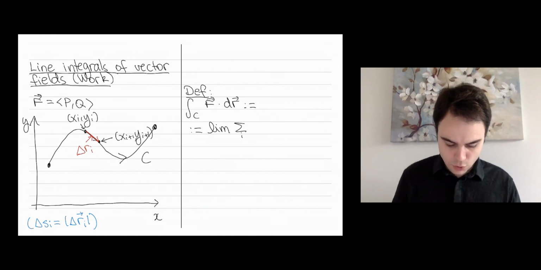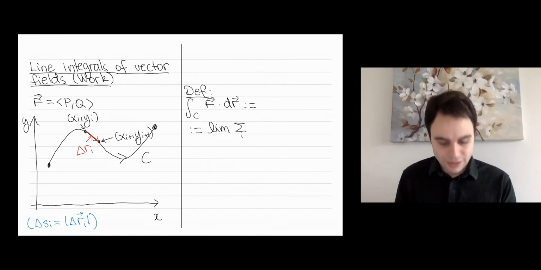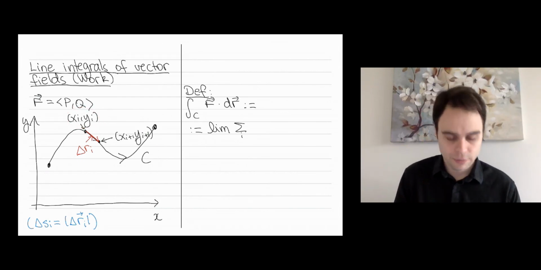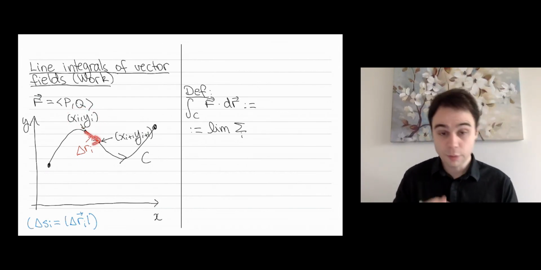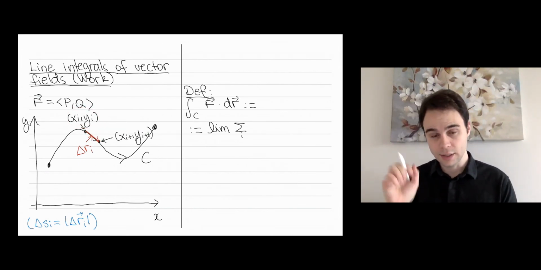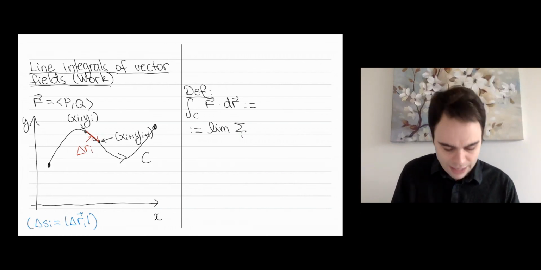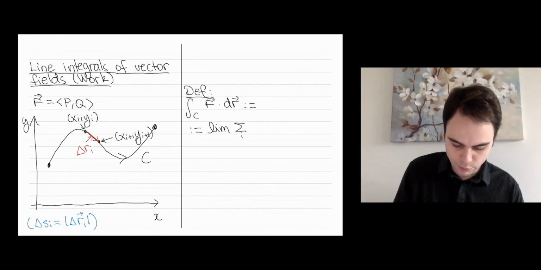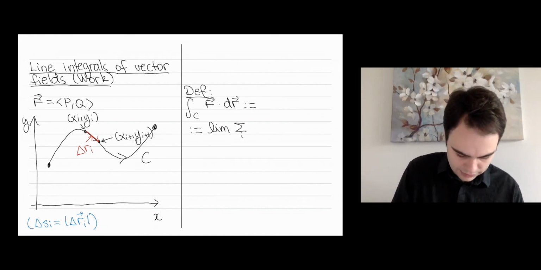Okay, so at the ith point, we have the vector that points to the next point in the subdivision of the curve, and we have also the value of the vector field at this point, right? So here, let me draw the value of the vector field like this.